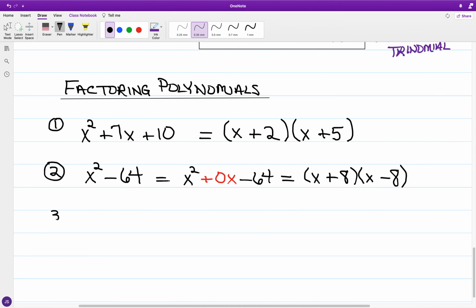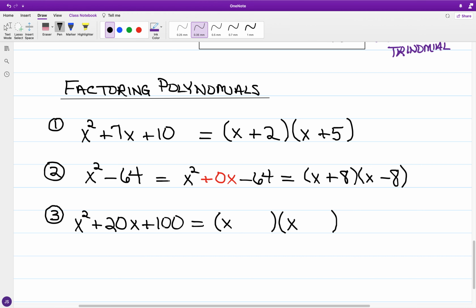Now, if we look at a square trinomial, say we have x squared plus 20x plus 100. Once again, we're starting out with x squared. In terms of factoring, this will go to x and x.